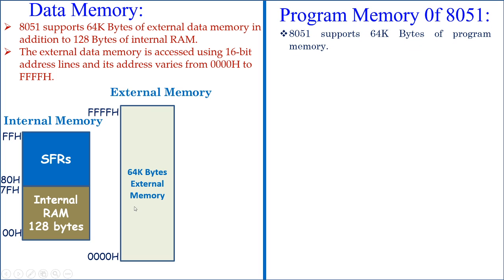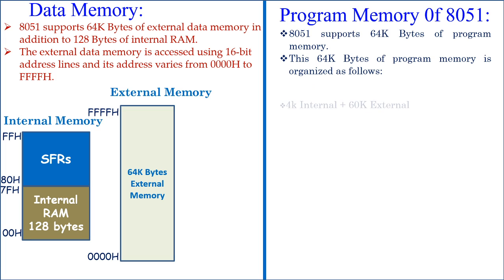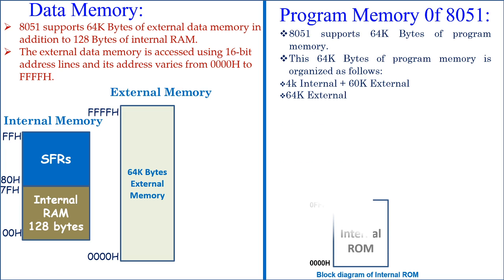Similarly, program memory is also there. 8051 supports 64K bytes of program memory, and this 64K bytes is organized as follows: 4K internal plus 60K external memory. So total memory is 64K. This is the internal read only memory, as we explained earlier, whose address starts from 000H and ends at 0FFFH.